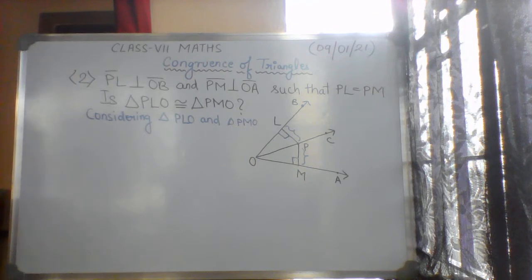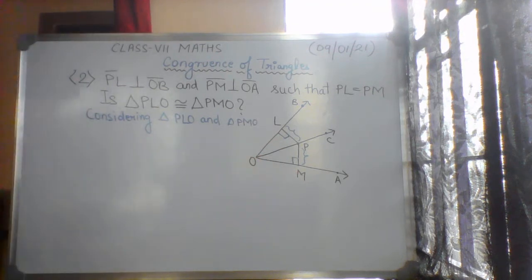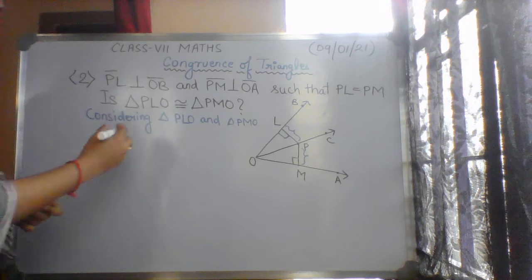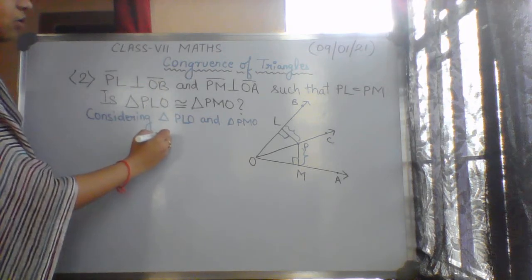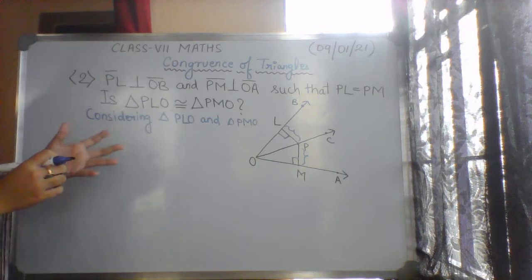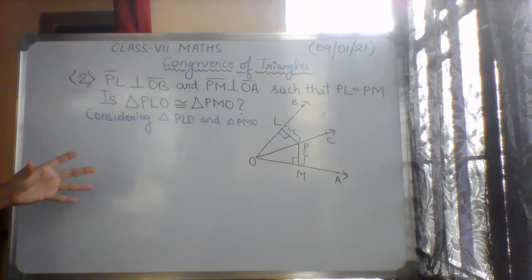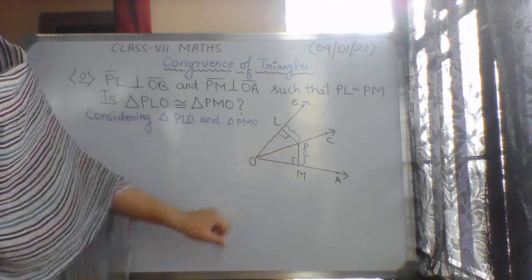We are considering these two triangles, PLO and PMO. Now, what is given in the question, that part I am writing. What three things are equal in them? What are the corresponding parts you can see in these two triangles?